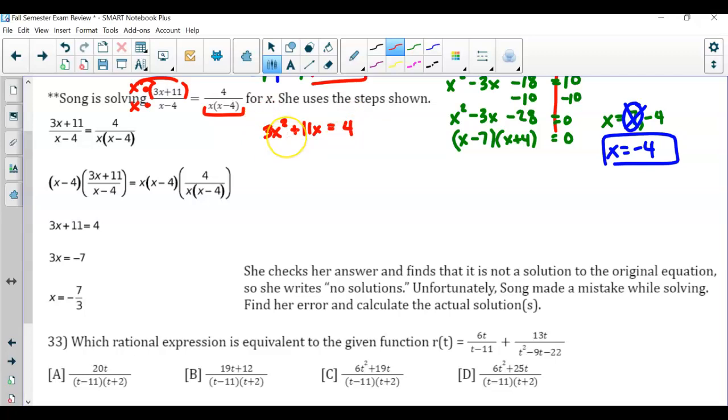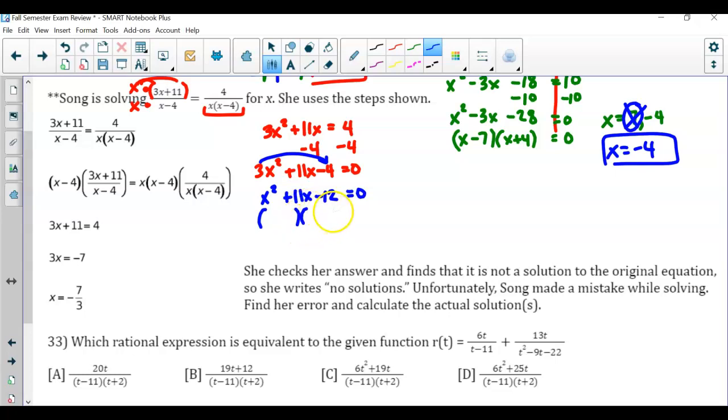We're solving a quadratic, and quadratics always have to equal 0. So I'm going to subtract 4 from both sides. So the quadratic is 3x squared plus 11x minus 4 is equal to 0. Now here, notice how we do have to do bottoms up. There's no GCF with that 3 here. So x squared plus 11x but minus 12 is equal to 0.